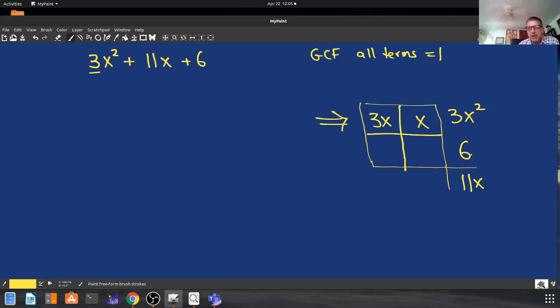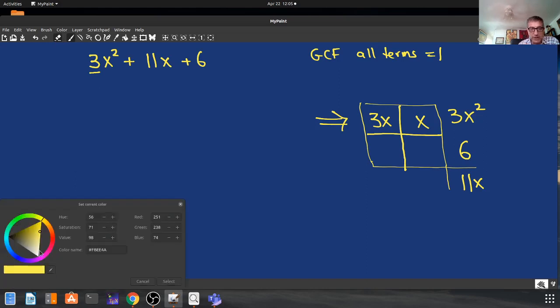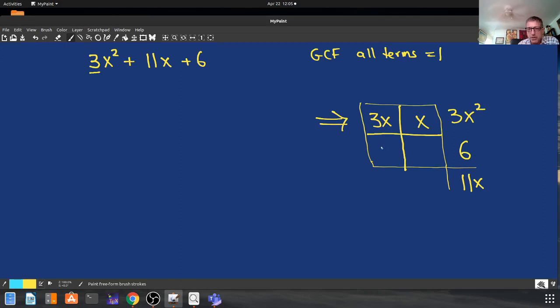Now I have to deal with 6, but notice the difference here. There's more guessing and checking, as you're going to see. Suppose I put 2 here and 3 there.